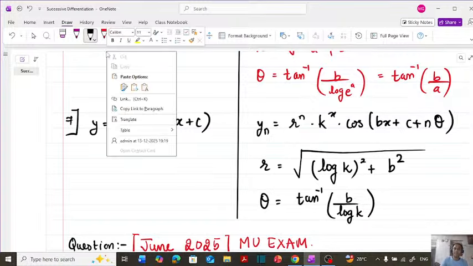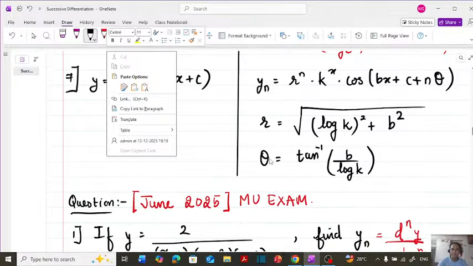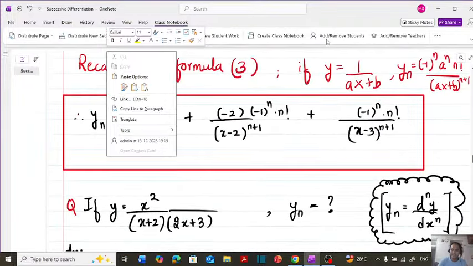If you take k as 1, then 1 raised to x is just 1, it's not going to give you anything. So k is 1 in this case. See the formula, formula number 7.